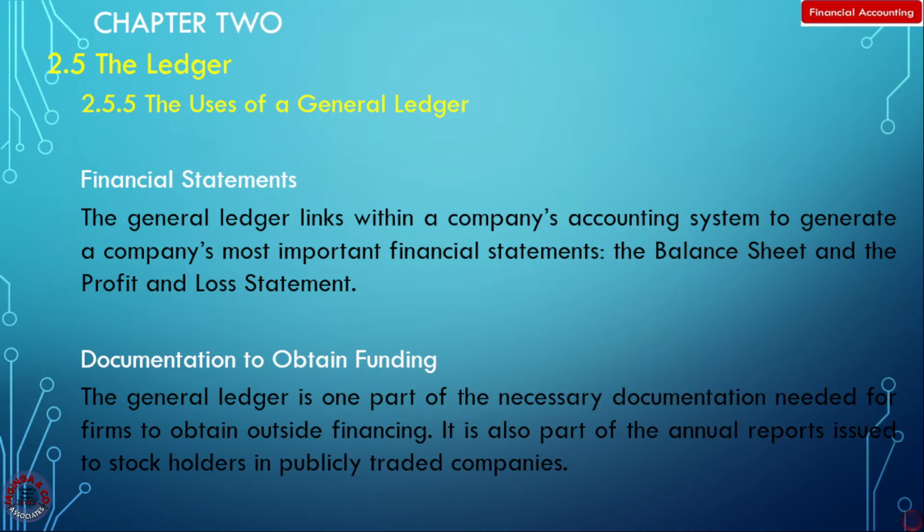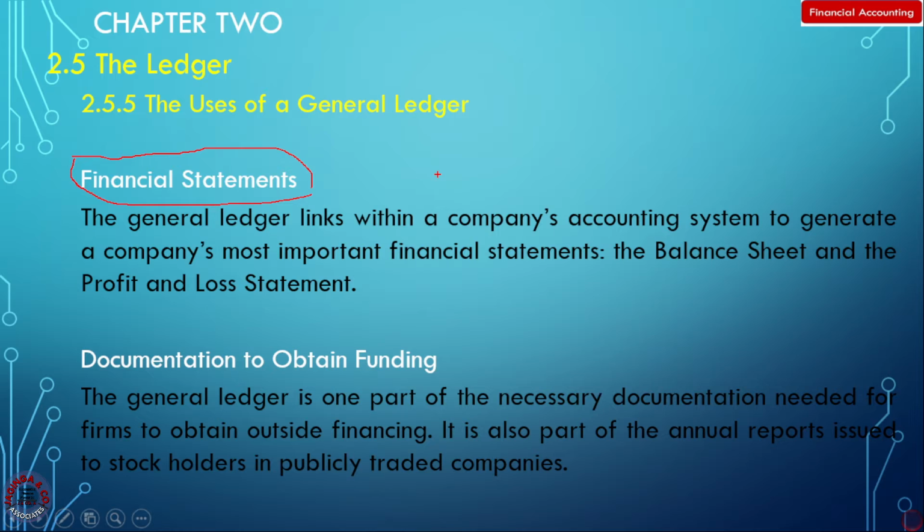Again, we are saying that we also use it to generate financial statements. Remember, we said when we started that the accounting process starts from source documents to journals, then from journals to ledgers, and from ledgers to trial balance. Now we can generate our financial statements.